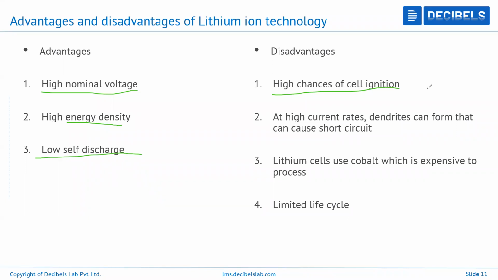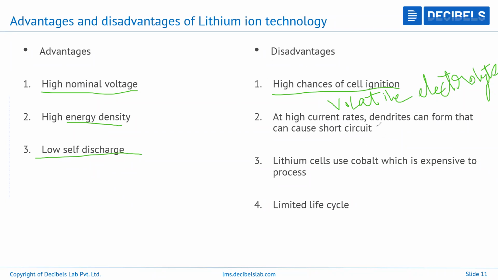That is because of your extremely volatile electrolyte, which means even if it's exposed to a little bit of excessive temperature, or even if a little bit of electrolyte starts to leak out from the cell, it can instantaneously catch fire. It can even explode. So even now, lithium-ion cells still pose a major threat.